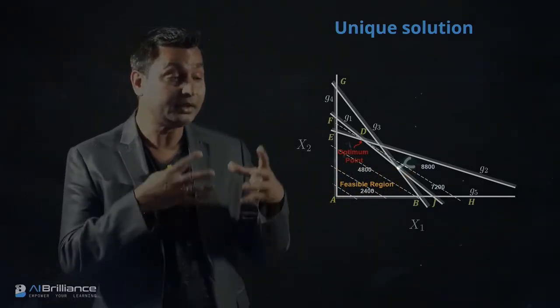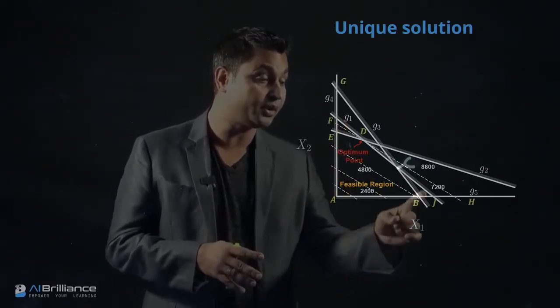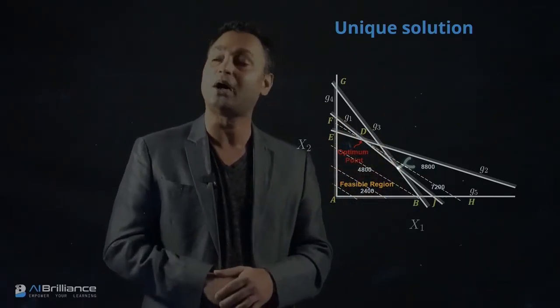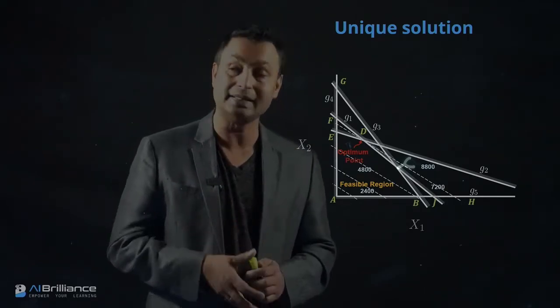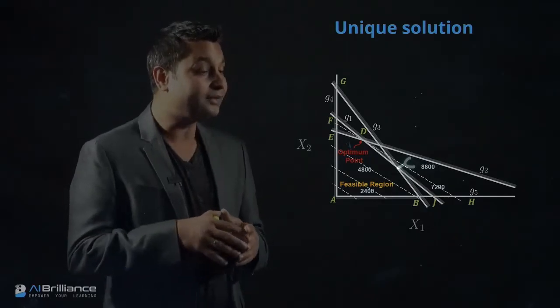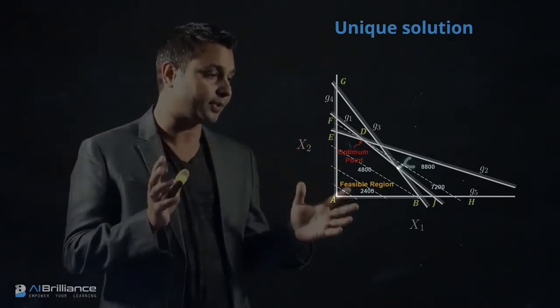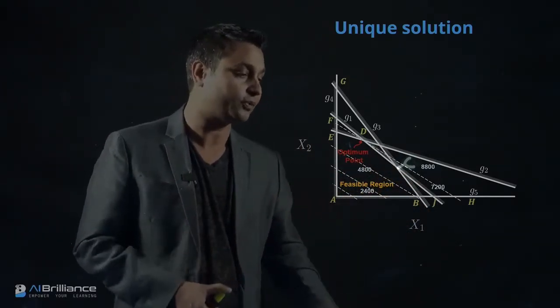If you have an intelligent approach which focuses on this boundary region, and more importantly on the vertices defining it, then you can solve a linear optimization problem very, very quickly. That's the beauty of linear optimization, and that's why you have very efficient algorithms in linear programming that look only at the boundary to solve this class of problems.